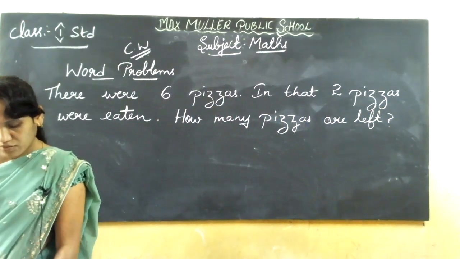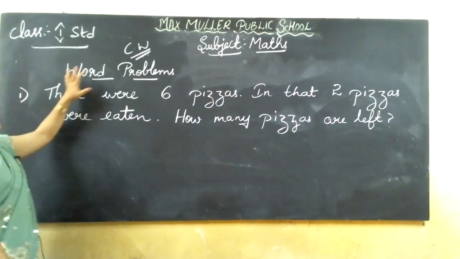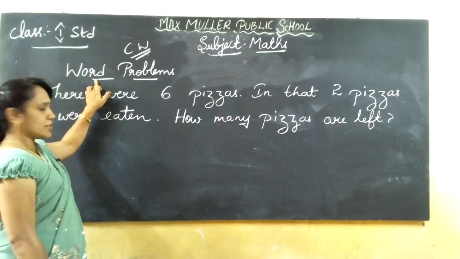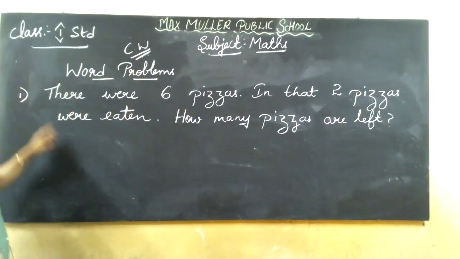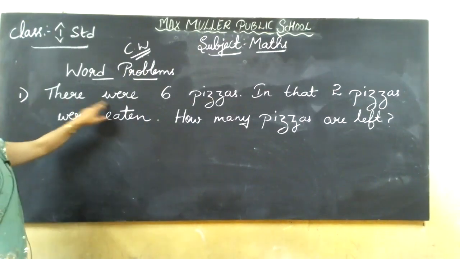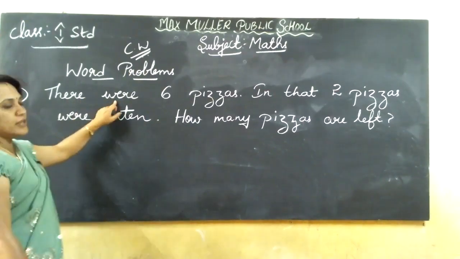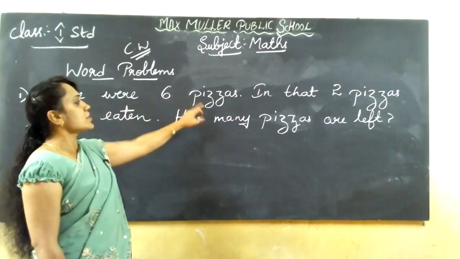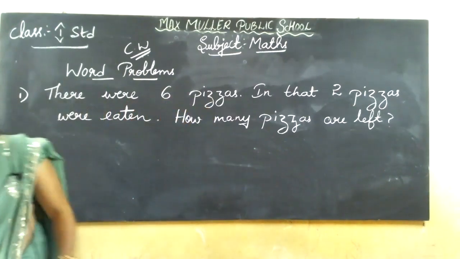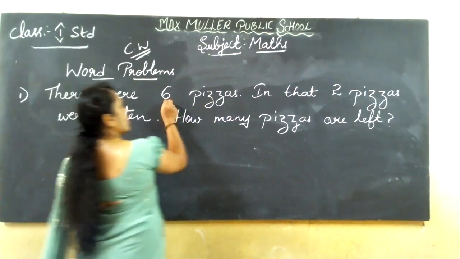Okay. So, first take out classwork, write heading WORD, word, PROBLEMS, word problems. Then write first sum, there were, THERE, there, WERE, were 6 pizzas. There were 6 pizzas.